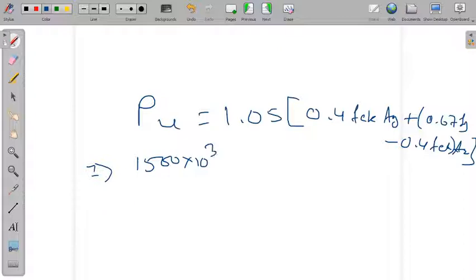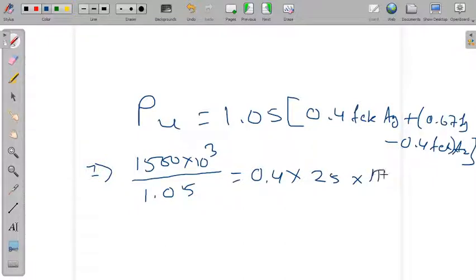1500 kilonewton given is 1500 into 10 to the power 3 Newton divided by 1.05, that is equal to 0.4 into FCK. How much is FCK given in this problem? It is given 25 grade of concrete, so 25 into gross area. Gross area is pi by 4 into d square, because the column is given 400 diameter.